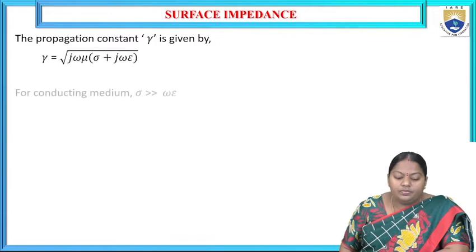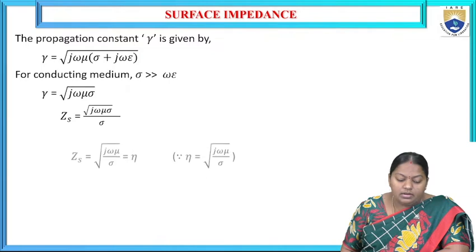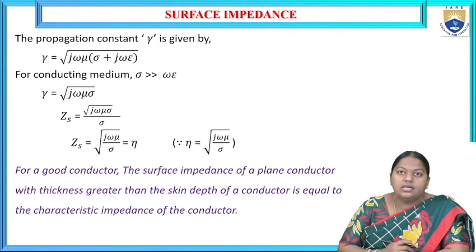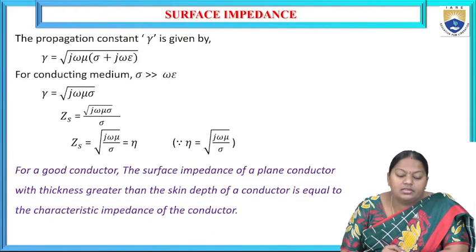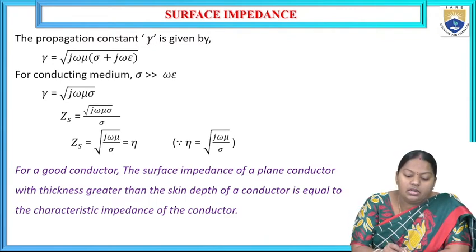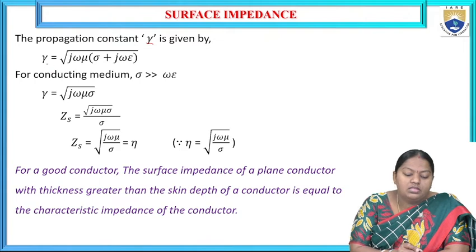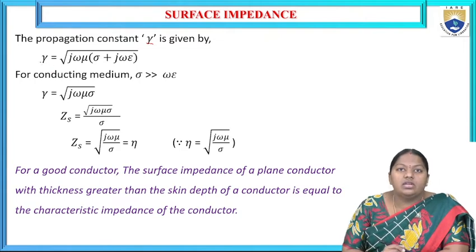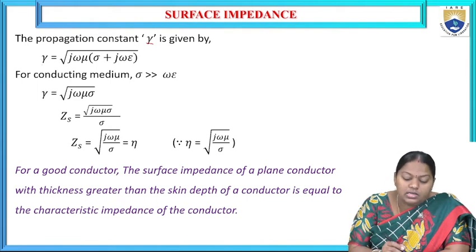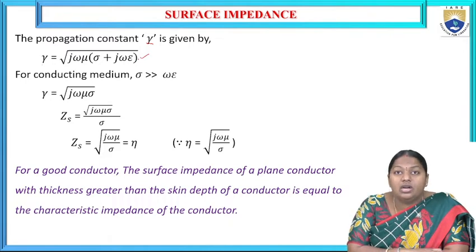Now to relate the surface impedance and the intrinsic impedance eta, first, from the propagation characteristics equation, the propagation constant gamma is given by root over j omega mu into sigma plus j omega epsilon. What is the condition for a good conducting medium?